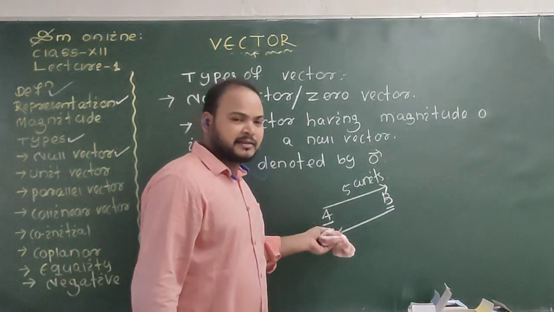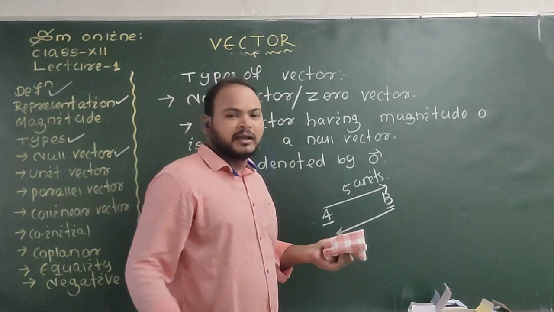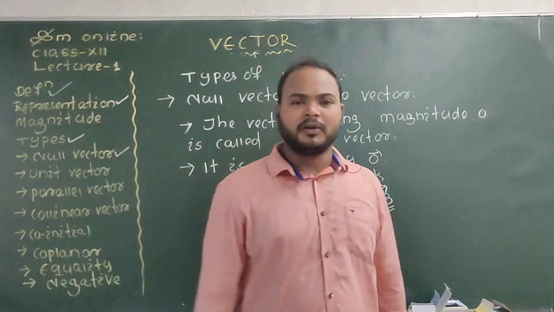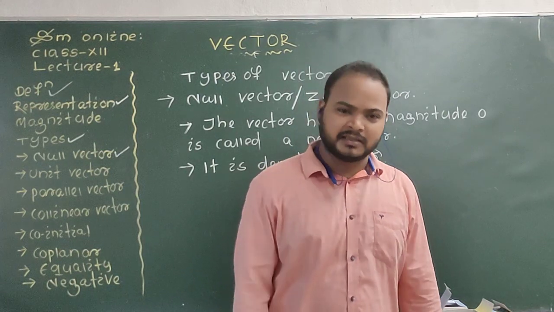Okay. That means in a 0 vector, initial point and final point always coincide to each other.